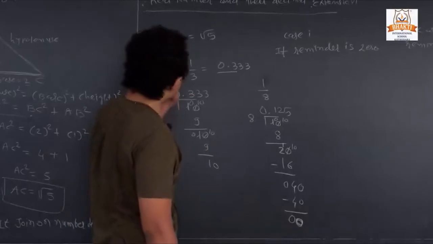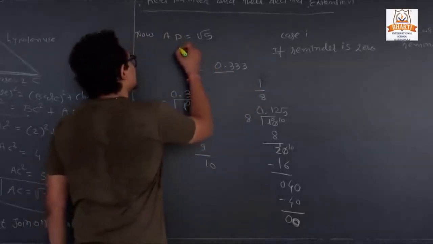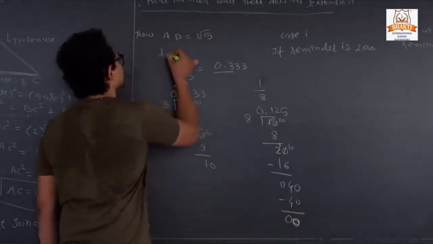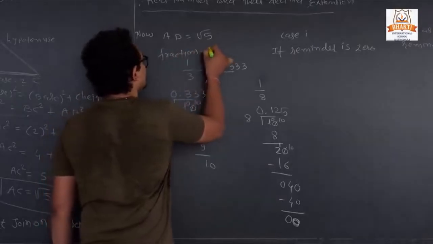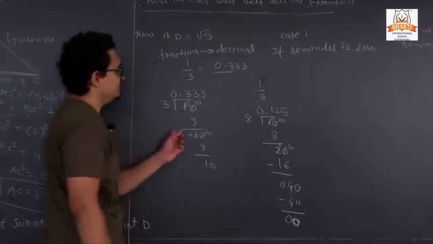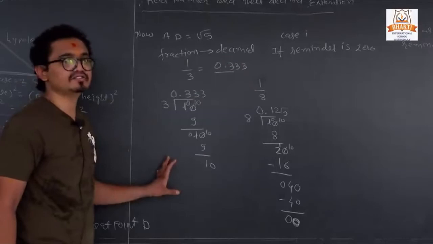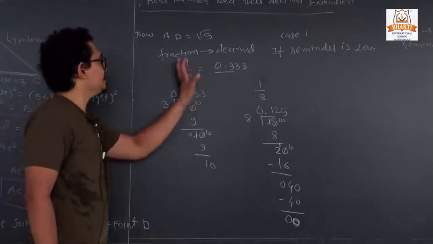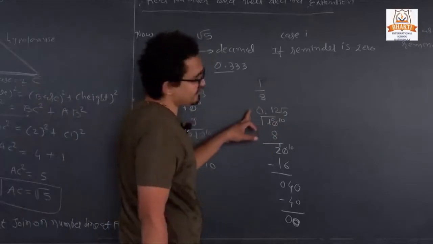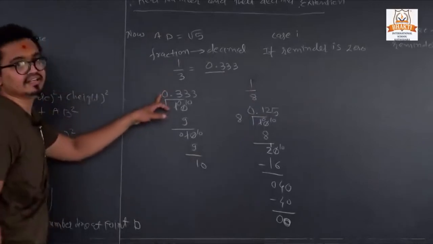So any rational number we can convert into fraction form. So we can convert fraction into decimal form by using division. Clear? We can convert a fraction into decimal by using division, but in that we have two cases. In one case we have the example of 1 by 8. In the other case we have an example of 1 by 3.